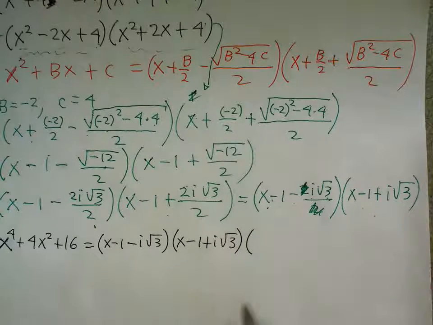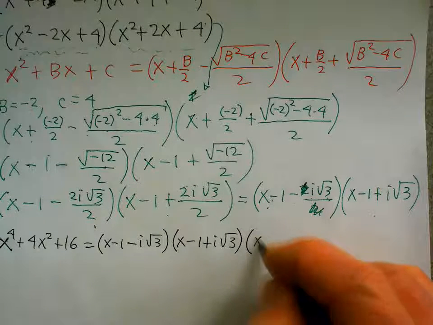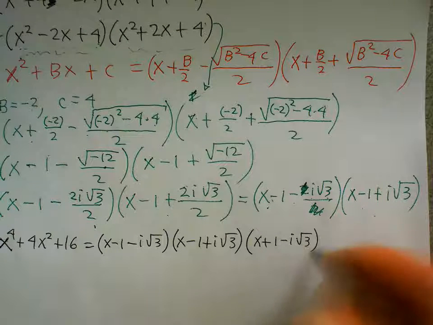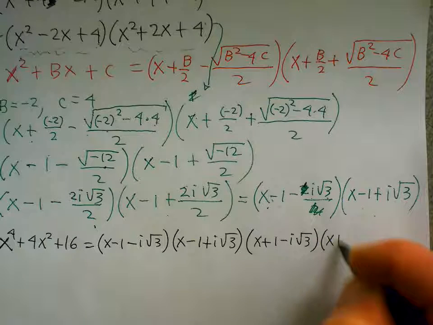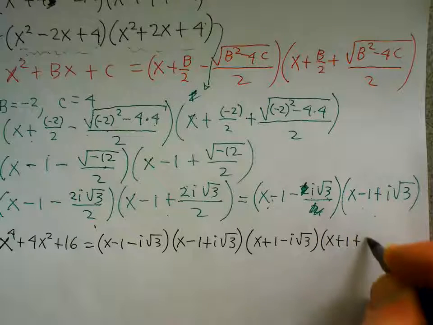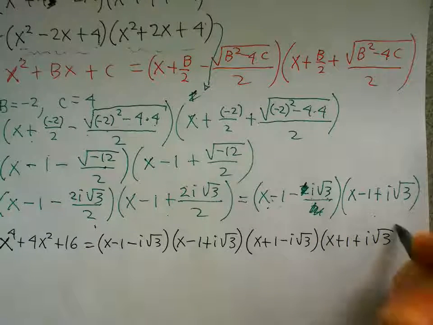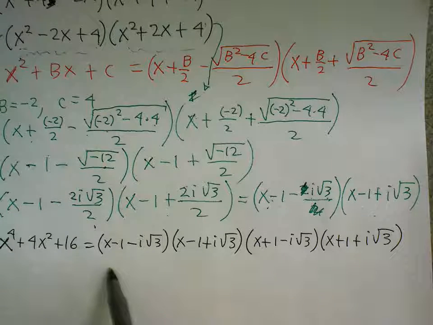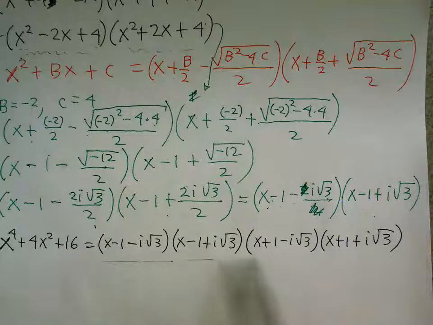And then the two remaining factors will be x plus 1 minus i times the square root of 3 and x plus 1 plus i times the square root of 3. Okay, so we get 4 linear factors.